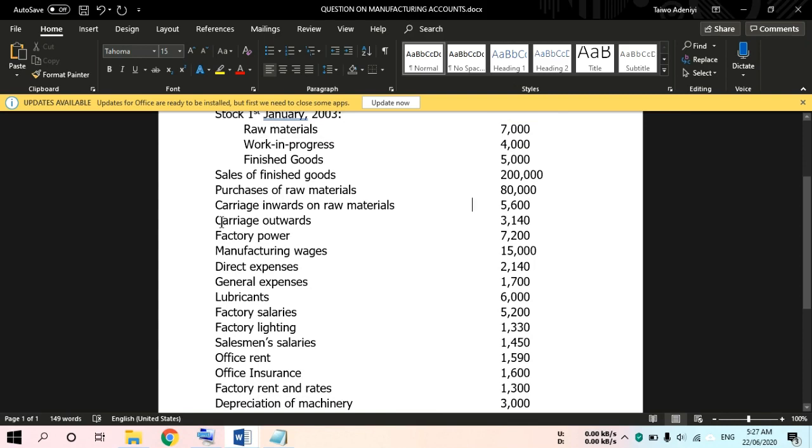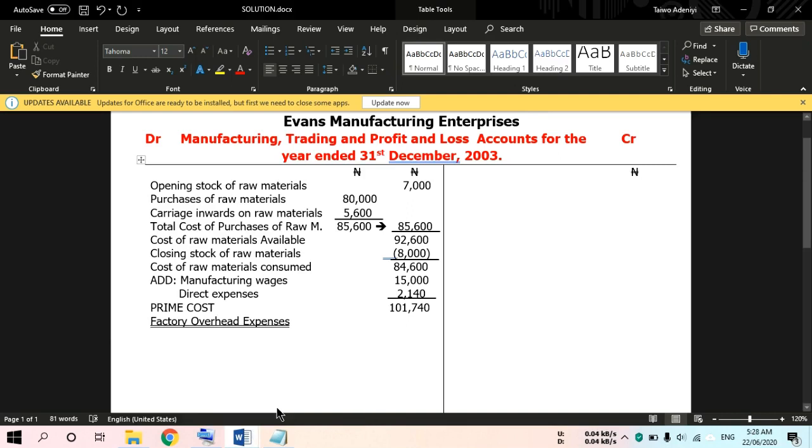Carriage is not. So factory power, that's how much? 7,200. Factory power, 7,200 naira.